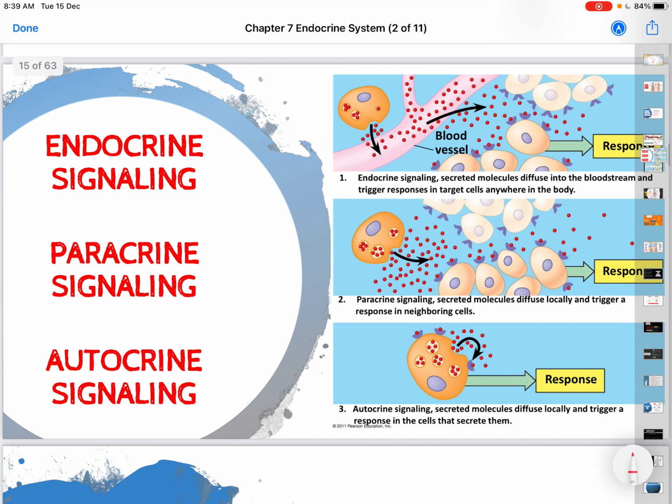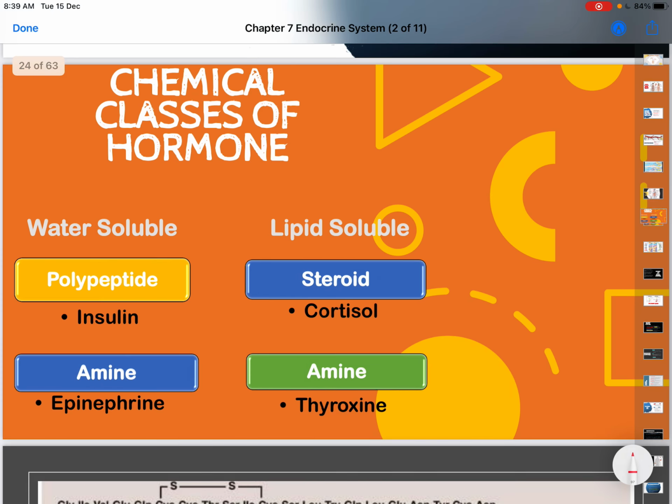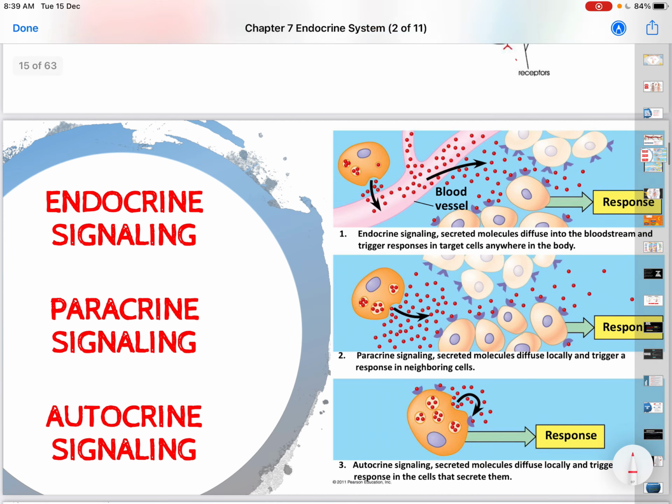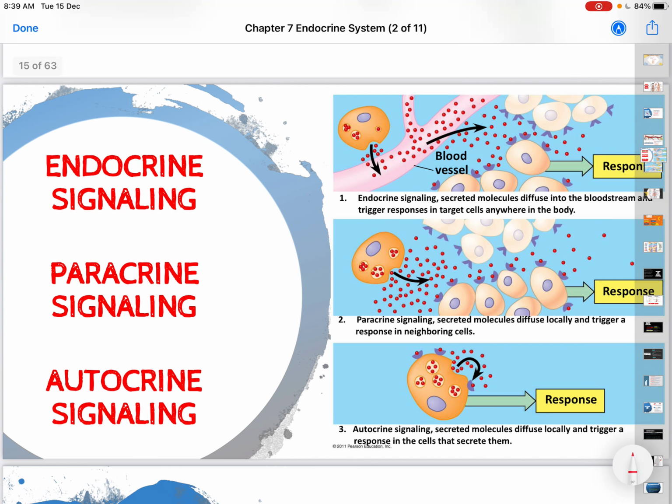So this is the example in terms of diagram. Let's see endocrine signaling. What happened? The secreted molecule diffuses into the bloodstream and triggers a response in target cells anywhere in the body.